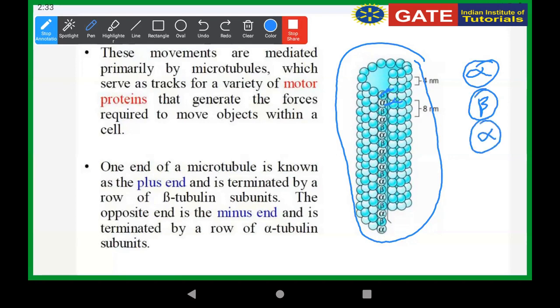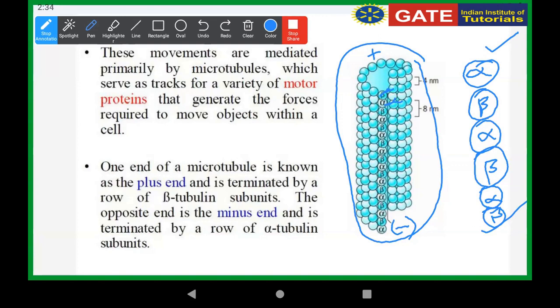Next is alpha tubulin, next is beta. Like that, the alternate tubulin subunits are joined. So one terminal is alpha tubulin, the other terminal contains beta tubulin. The alpha tubulin end is called the minus end. The beta tubulin end is called the plus end.